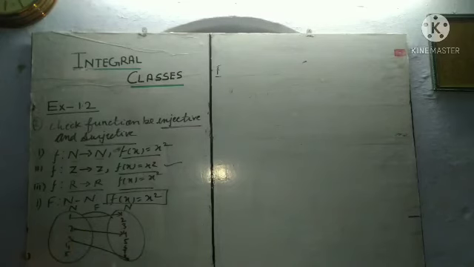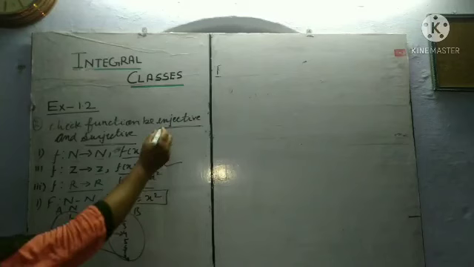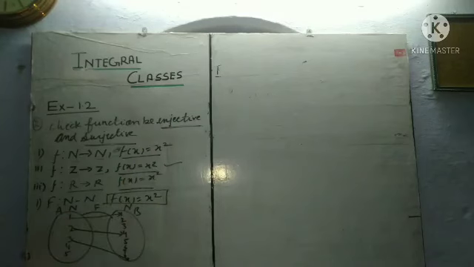As we observe here, it goes to infinity. We put 4, then we get 16. So every element of set A has its unique image in set B. That's why this function is one-one. So it means it is an injective function.